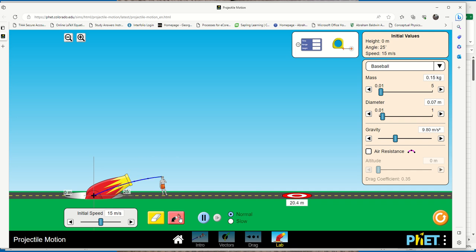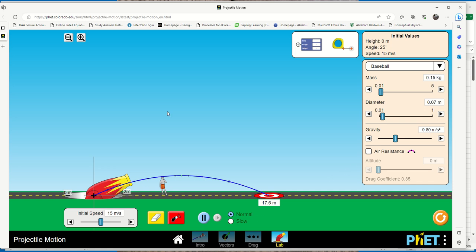You notice when you press the fire gun, I want to move right there. I know the maximum range of the projectile for these initial values, an angle of 25 and a vi of 15 meters per second. The max range is 17.6 meters. Now notice on the projectile, you have these dots.